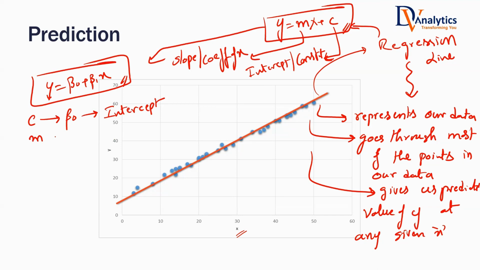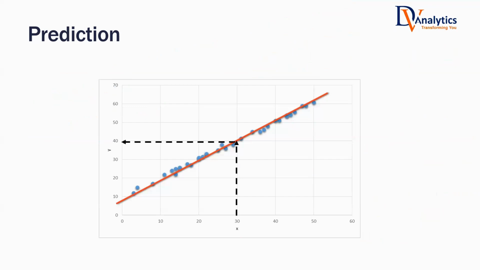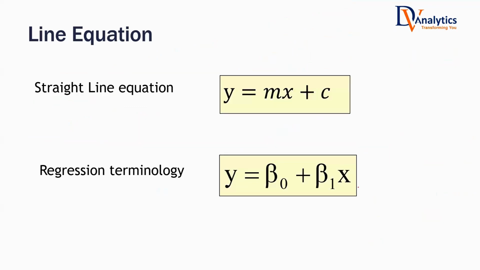In the place of m, I have replaced it with beta 1, the coefficient of x. So y equal to beta naught plus beta 1 x is the regression line equation. Next time you see this, can you identify it as a regression line?